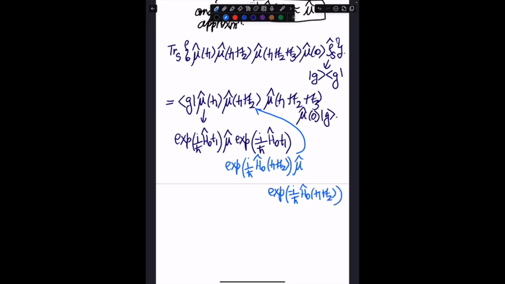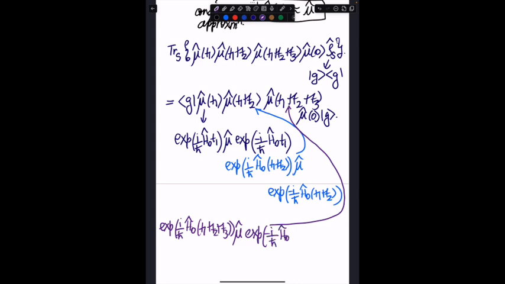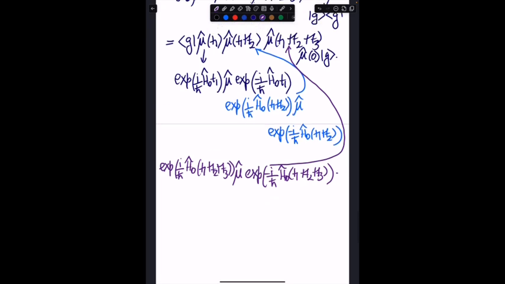And then lastly for this term you have exponential i upon h bar h0 t1 plus t2 plus t3, mu, exponential minus i upon h bar h0 t1 plus t2 plus t3. So you have these three terms.